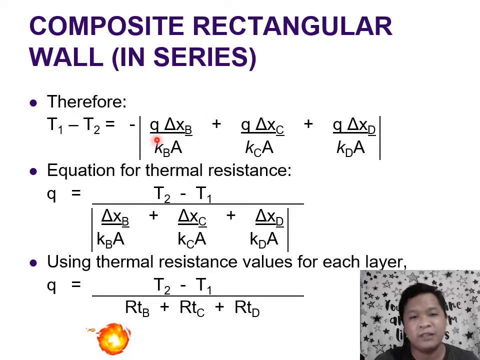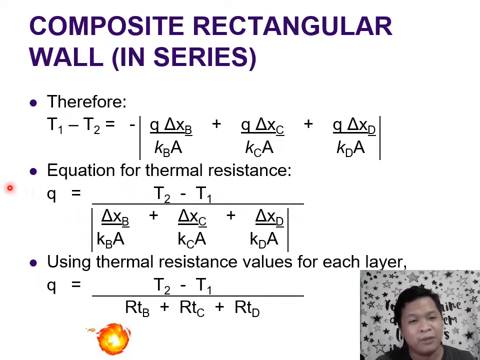So in the previous slide, we saw that each of these terms was equal to their own delta T for the material, and therefore when you add the 3 delta T's, you can get the delta T for the whole series of materials, no? And if we arrange this equation para ilabas yung Q, which is the same value naman throughout, so ilabas mo yung Q and then i-transfer mo sa denominator etong natitirang terms, you now have an equation equal to dun sa kanina nating pinarallel na current is equal to voltage over resistance, no?